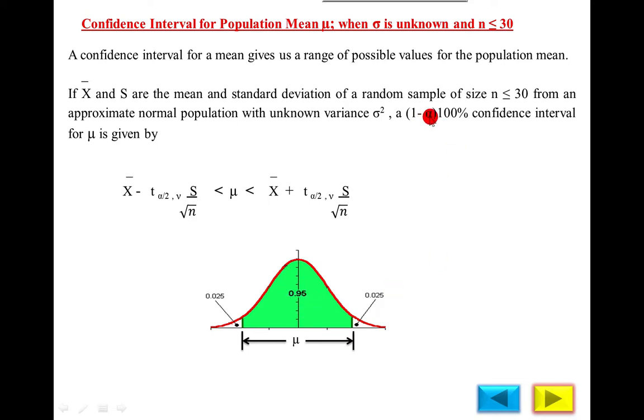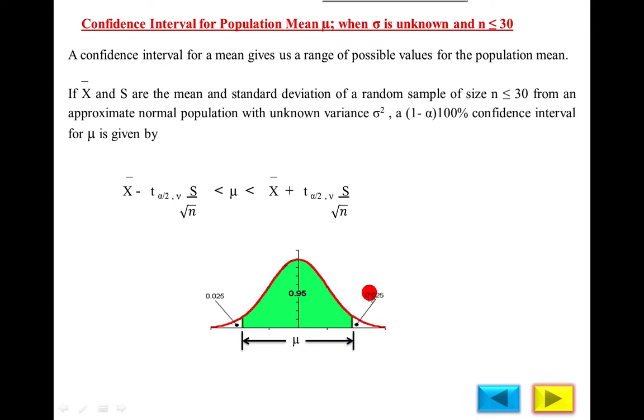So 1 minus alpha is called the confidence interval. This is the formula and diagram for the confidence interval, and with its help you will obtain the lower and upper value. The lower and upper acceptable values are also called confidence limits, control limits, etc.